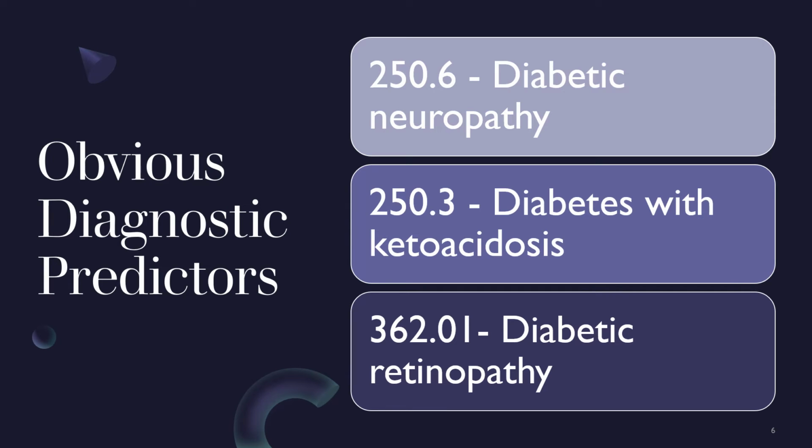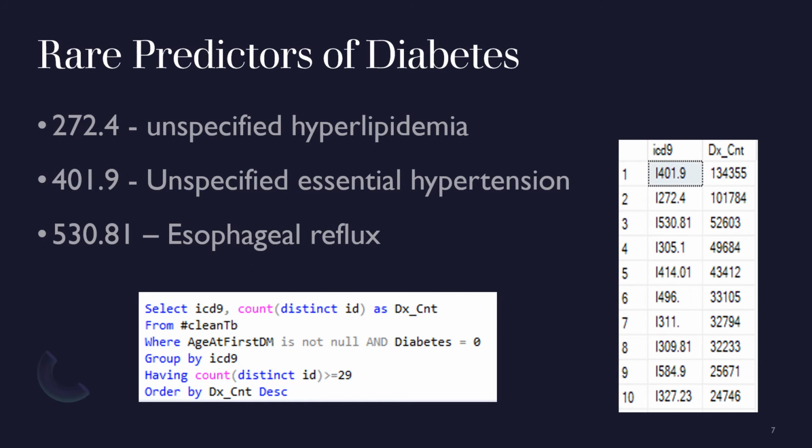Obvious diagnostic predictors are diagnoses that always occur with diabetes or have the word diabetes in their name, but were not used as the definition of diabetes in the dataset. Examples include, but are not limited to, diabetic neuropathy, diabetes with ketoacidosis, and diabetic retinopathy. This slide shows a few examples of rare predictors of diabetes in the dataset, namely unspecified anemia, unspecified essential hypertension, and esophageal reflux.